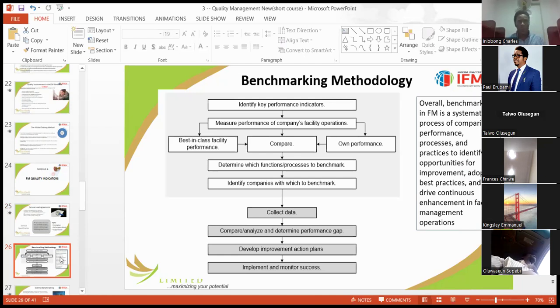I remember some time ago when we were working in Shell as an FM, the GM, a very funny man, would just come and tell us that, look, you guys are not working. You are just moving around with your eyes in your pockets. You should remove your eyes from your pocket and put them in your socket so that you can see the defects in the facility.